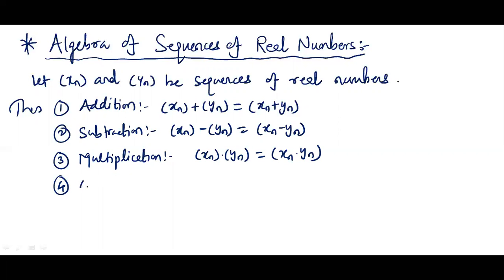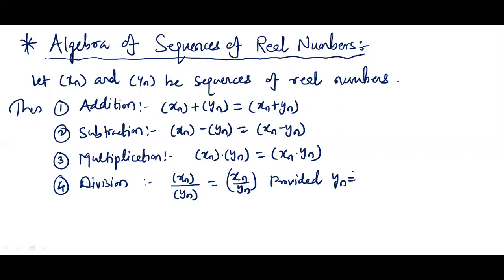Fourth, division. Division of sequences xn and yn is denoted by this symbol, and it is defined as the sequence whose nth term is xn divided by yn, provided yn is not equal to 0 for all n belongs to N. Fifth, scalar multiplication.